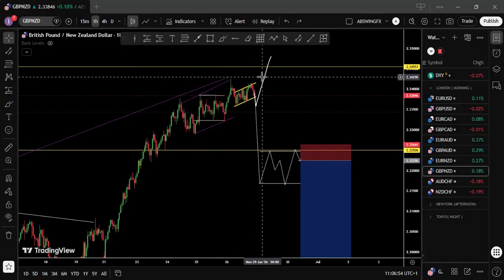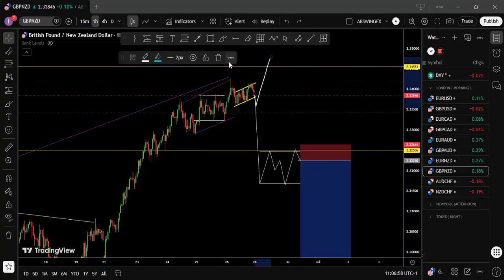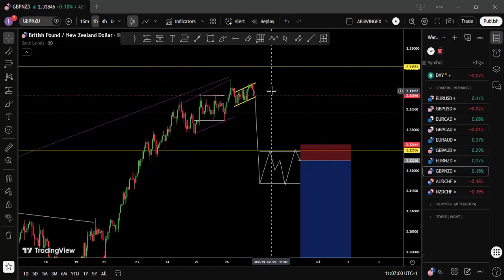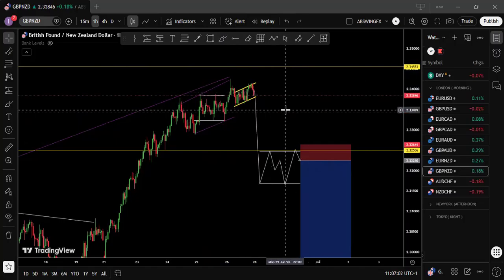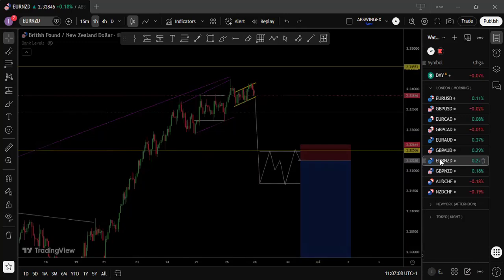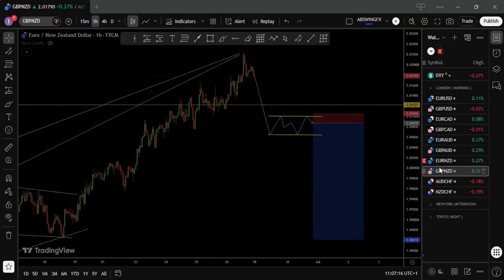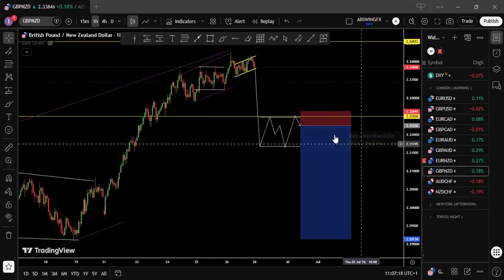I'm going to leave this neutral. For now, I'll leave it neutral. I think I have this positioned very well. Back into this neutral.